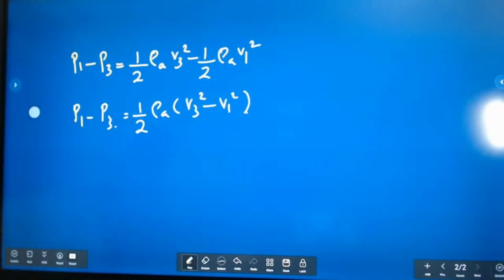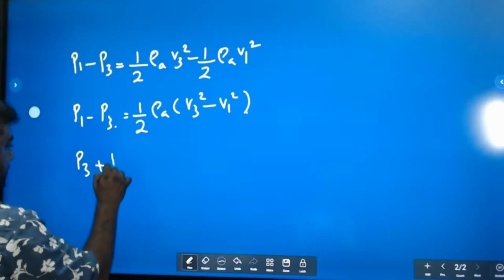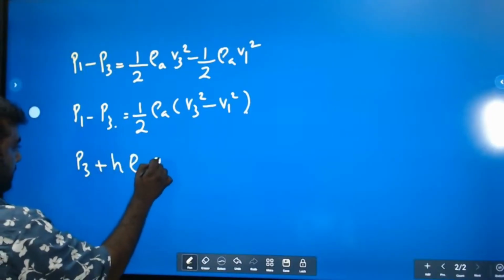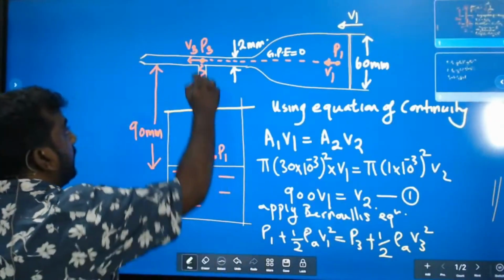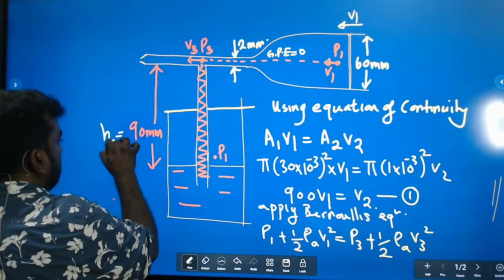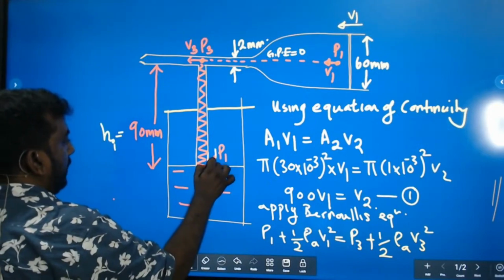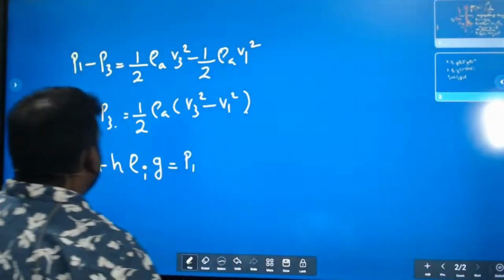Now what have they given you? Density of insecticide is 1000, density of air is 2. P3 plus H rho insecticide G is equal to P1, the pressure balance.